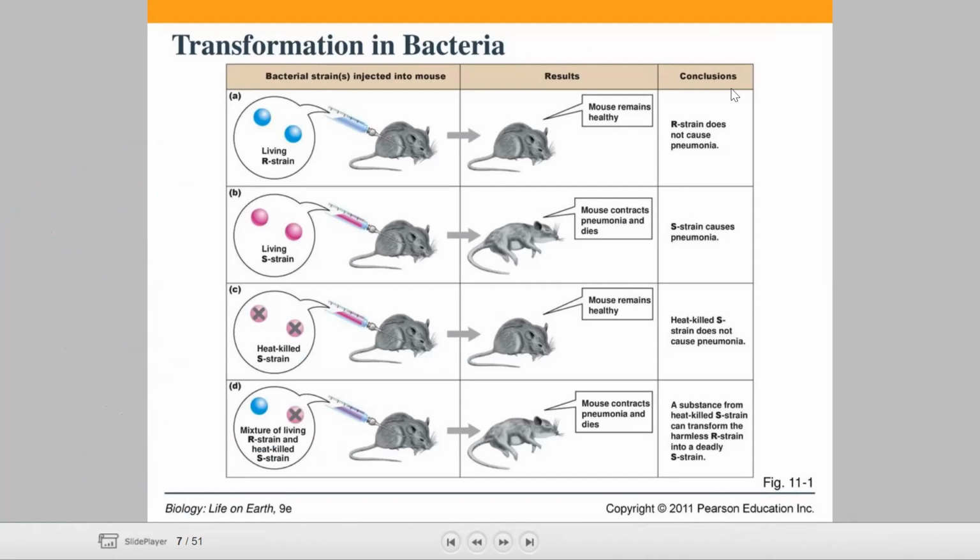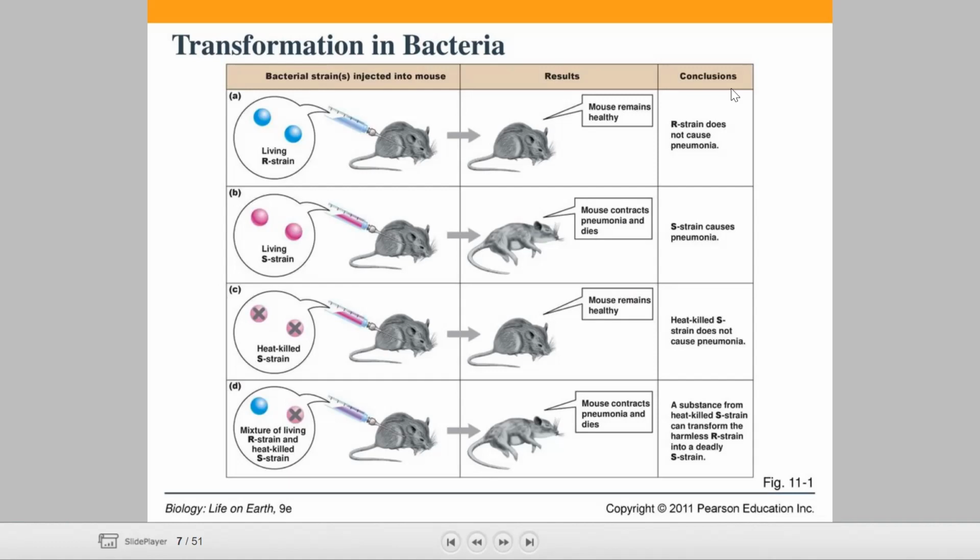The mouse contracts pneumonia and dies. Conclusion, S strain caused pneumonia. And then heat-killed S strain, obviously because you heat it up, the bacteria lost its pathogenicity. Therefore, the mouse remains healthy. The conclusion is heat-killed S strain does not cause pneumonia.